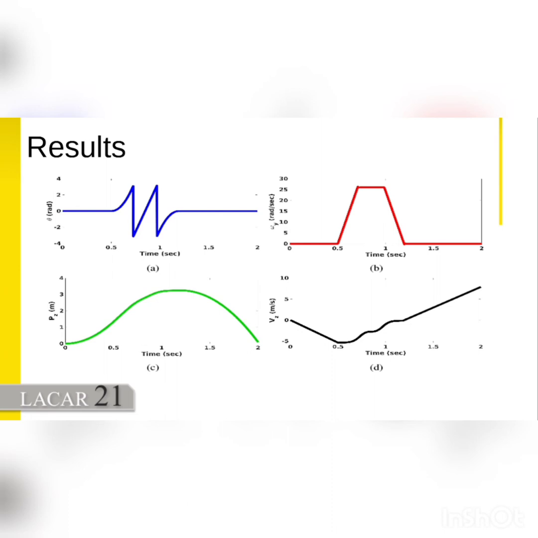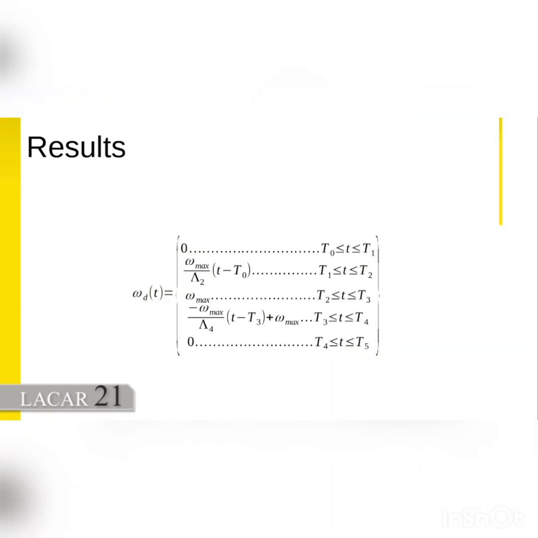Then, in B, color red, we could see the evolution of the angular velocity. Then in C, with color green, is the position evolution, and D is the linear velocity evolution. Then we obtain the following results and equation.